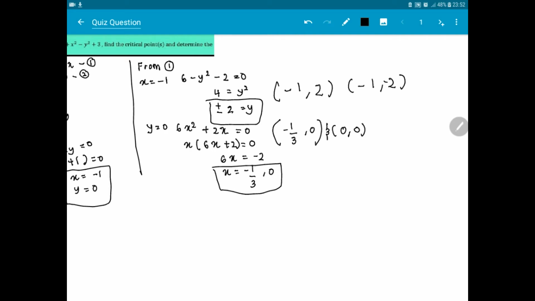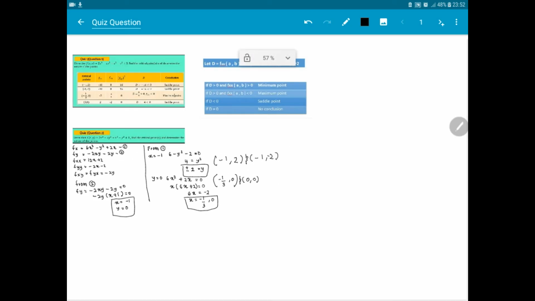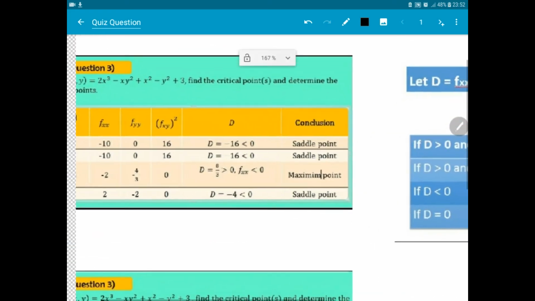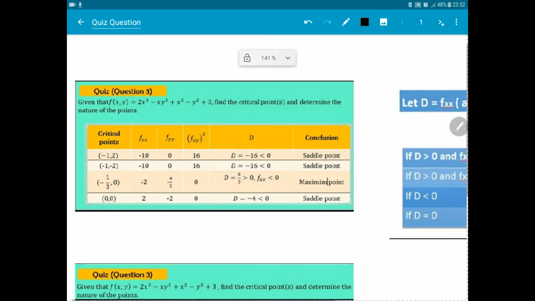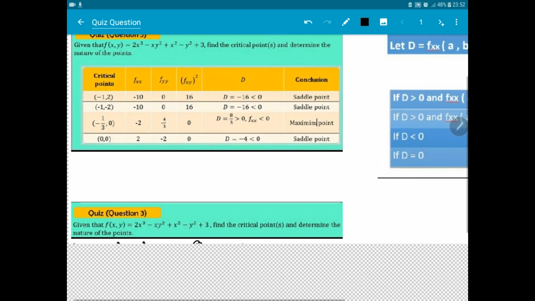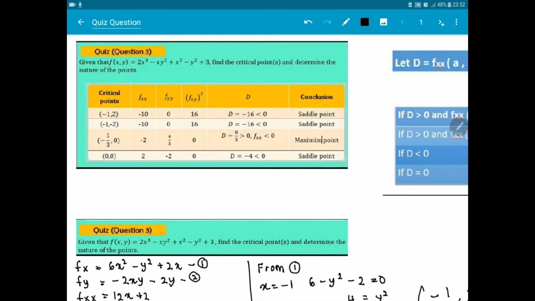From these four coordinates, we need to transfer them to this table, which I have done for you. So we substitute the values of the four critical points.